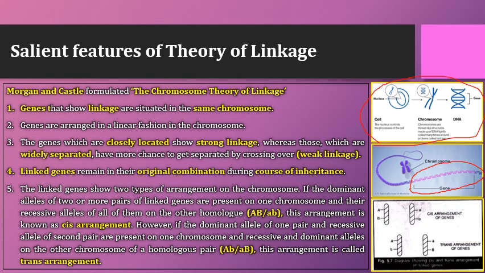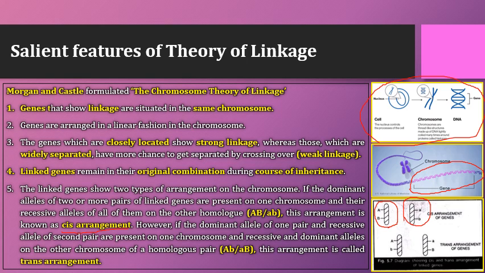If the dominant alleles of two or more pairs of linked genes are present on one chromosome and their recessive alleles are on the other homologue, that is capital A, capital B, small a, small b, as shown in this picture, this type of arrangement is called cis arrangement.